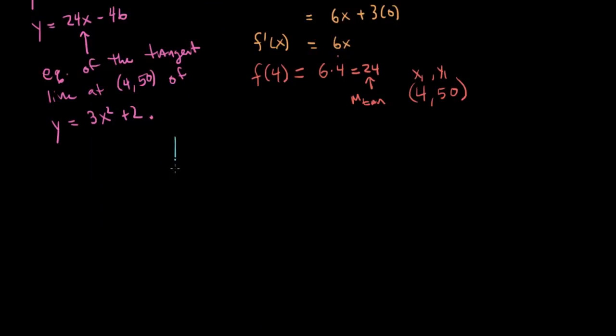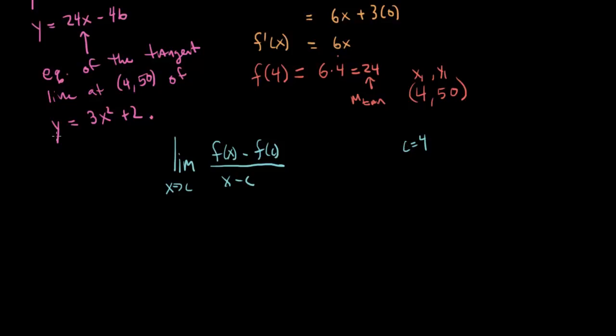So we could also take the limit as x approaches c of f of x minus f of c over x minus c. That's the alternative definition of the derivative. Now, here is our c value, the particular x value we're looking at. So here, c equal 4.